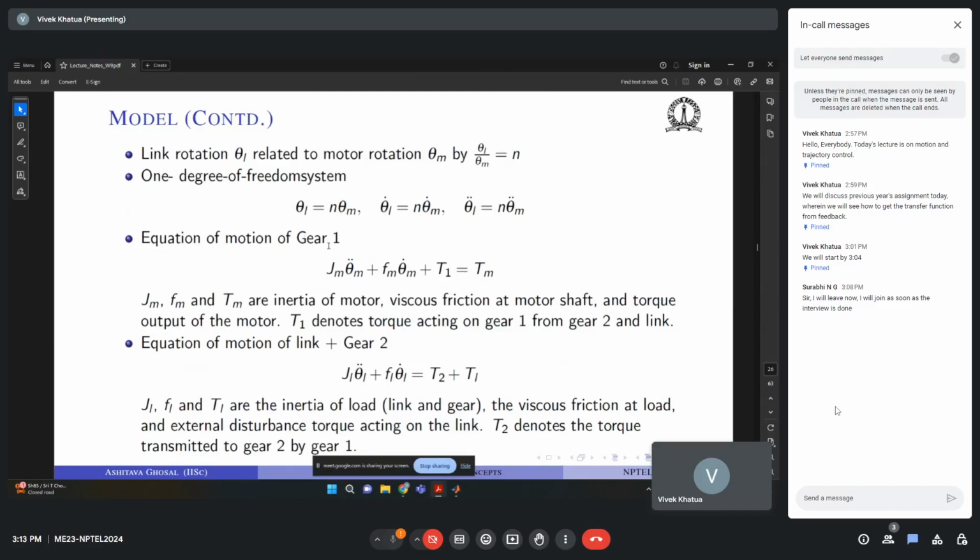Then you can substitute this theta L in terms of theta of the motor. Theta L is the theta of the link, and the rotation of the link can be related to that of the motor.